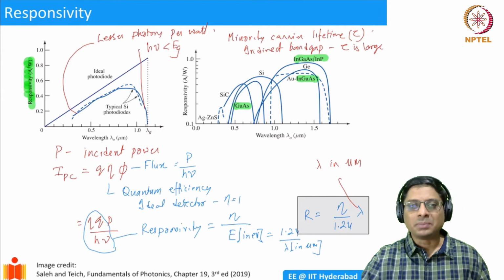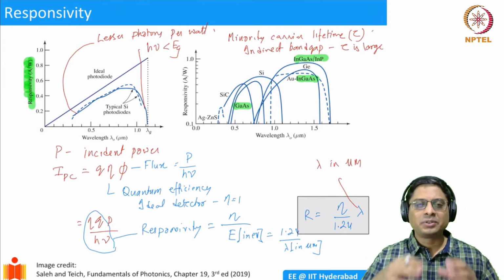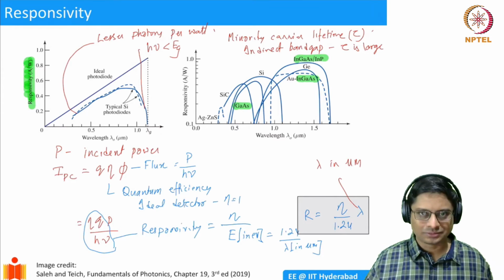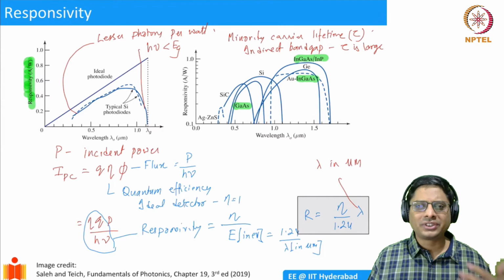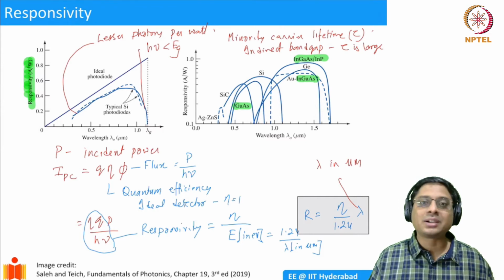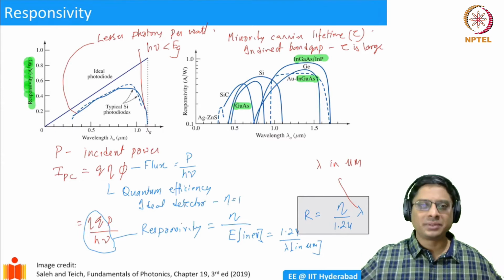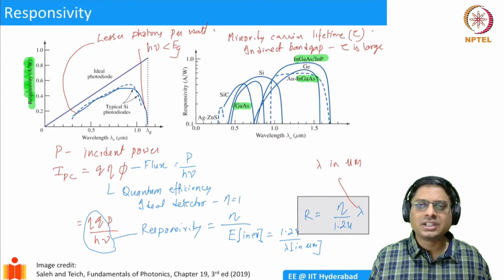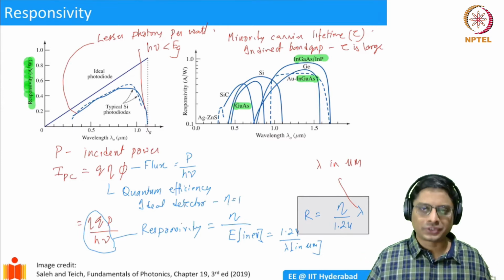Because tau is large, we can build a device in such a way that before it recombines, we try to collect the electron. Tau is essentially capturing how much time there is before the electron and hole recombine. So before that recombination happens, we try to collect them in the external circuit, and that is why even though silicon and germanium are not really that efficient materials for interacting with light, we just increase the width of the material so that we collect more photons.